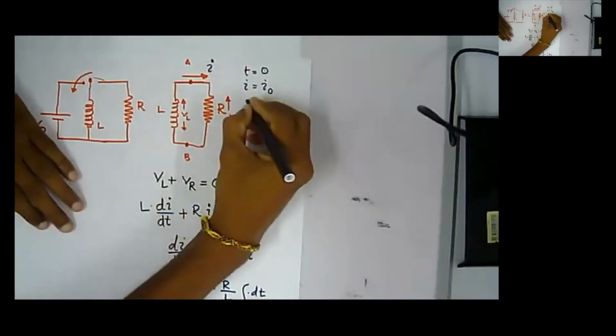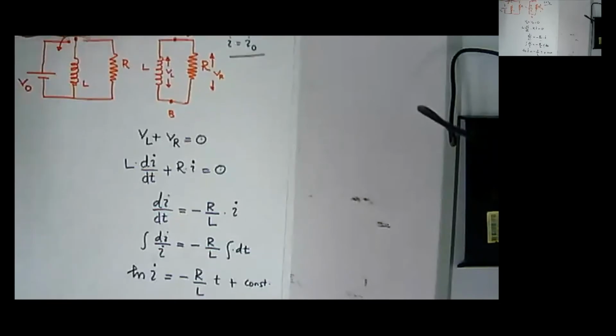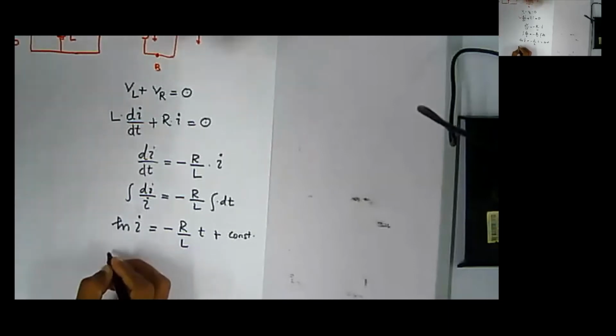So at t equals 0 the whole term is 0, and the constant is ln I naught.